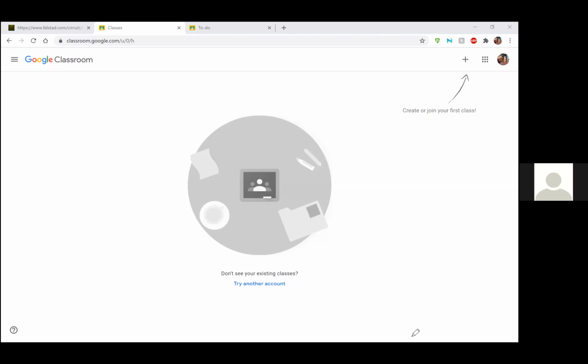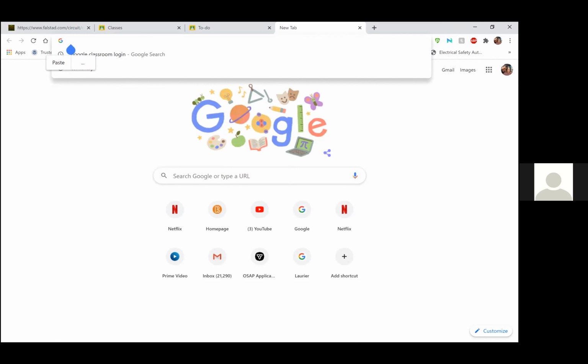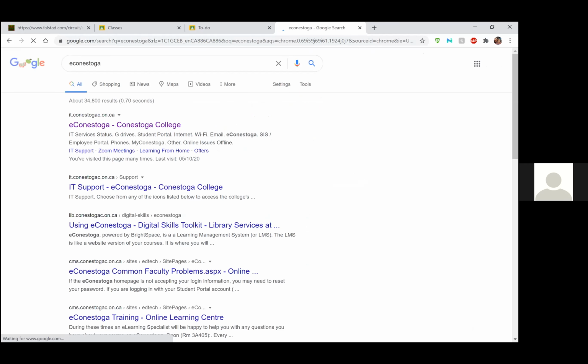When it's working, perfect. So what I was going to say, guys, is that right on Iconestoga, something that I did is that I posted the workbook, and I'm going to show you where it is.